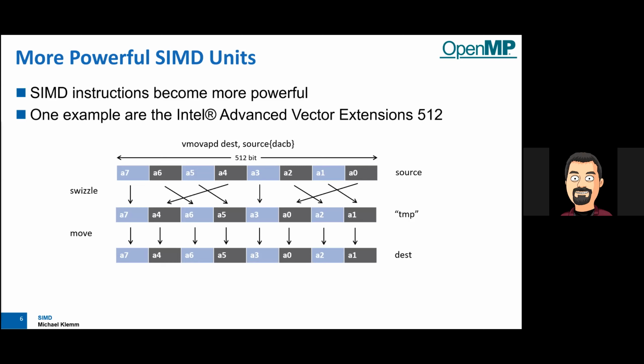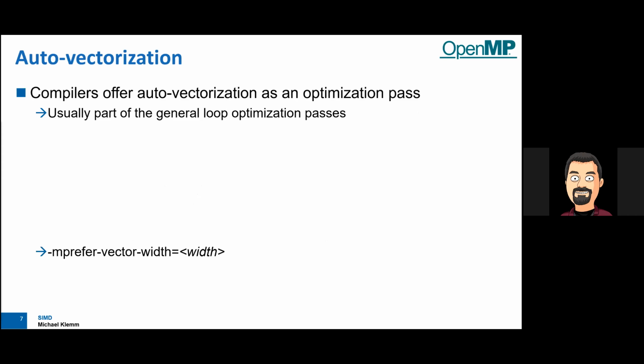All right. Okay, so this is some complexity that usually a compiler cannot really handle, and here's the reason why. Typically, a modern compiler has something called auto-vectorization, which is usually part of the general optimization passes that the compiler performs for the loops in your code.